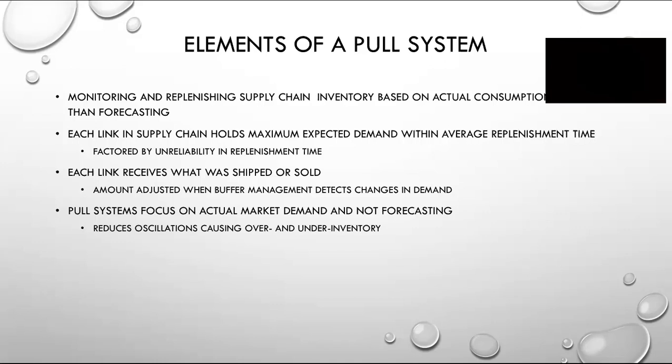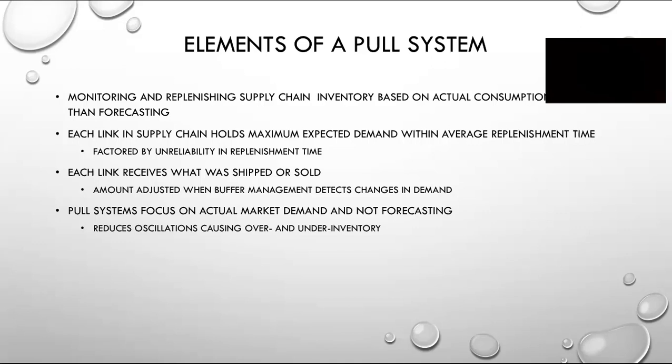Then we have safety stocks to address the variation. If our variation within our expected demand is, say, plus or minus 2 units, then we're going to hold 2 units worth of safety stock in our system to absorb that variation. So each link receives what was shipped or sold.